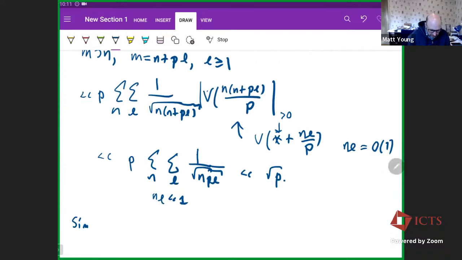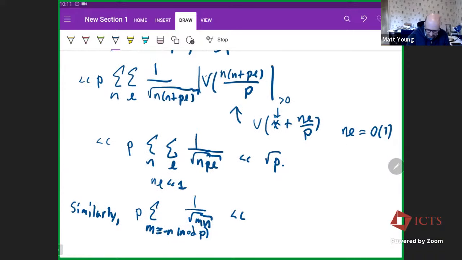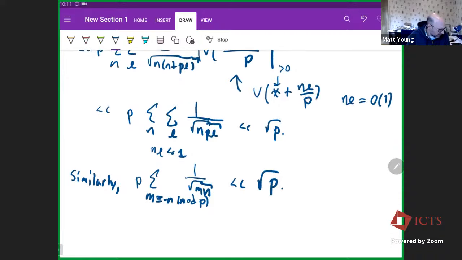And then similarly, the sum over M congruent to -N mod P, 1 over root MN times the P. I think we get the same bound, that we can say this is bounded by root P, because if N is less than or equal to P over 2, then M is positive, so M equals negative N plus PL, where L is greater than or equal to 1.